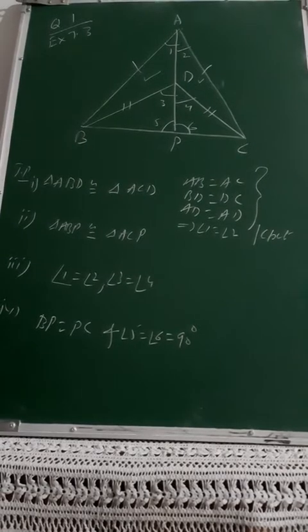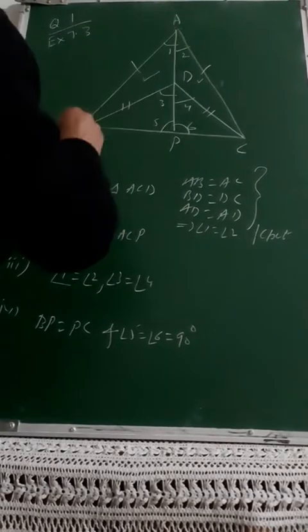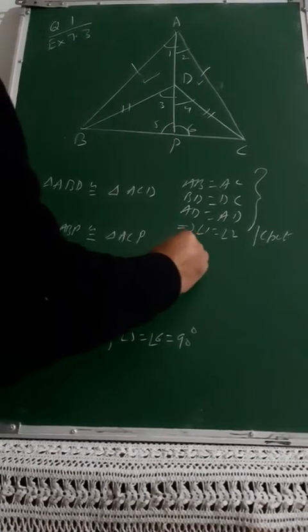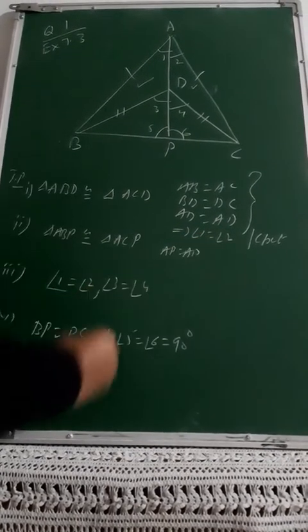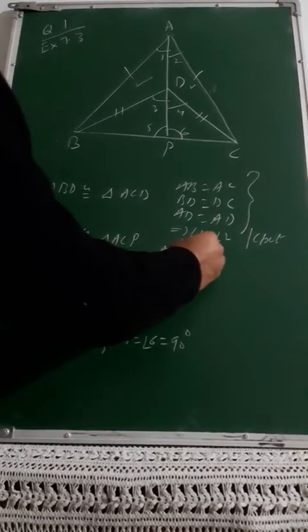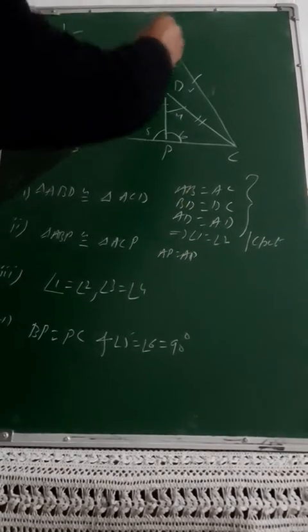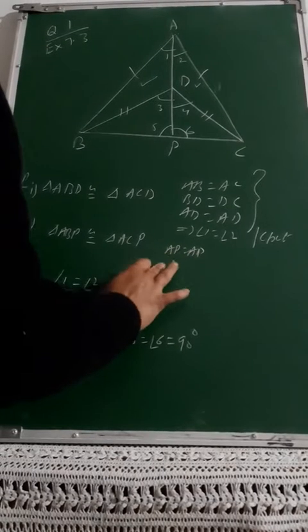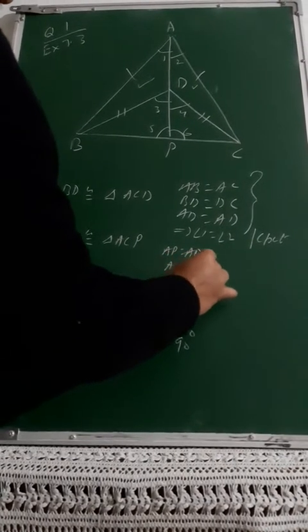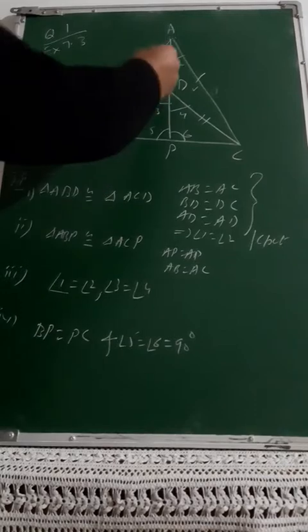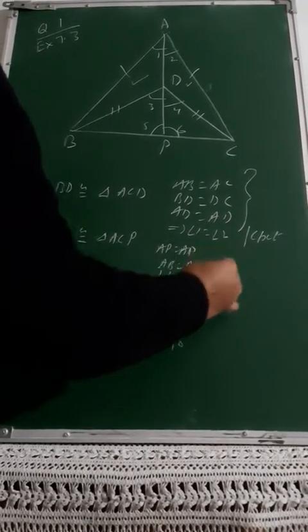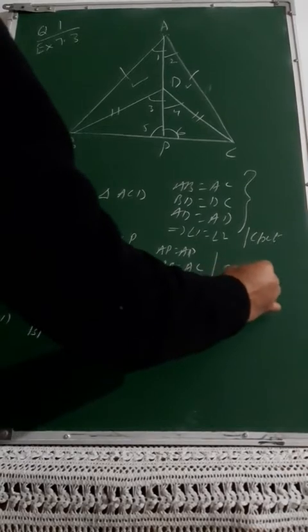Then come to this triangle ABP and ACP. Now here AP is equal to AP, that is common in both, you can see, and then this is given AB is equal to AC, this is given to you, and I have proved angle 1 is equal to angle 2 already from part 1. So this is your SAS.